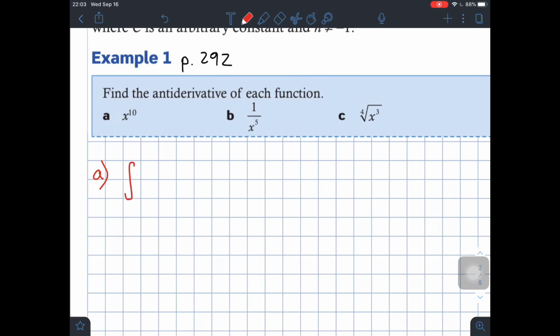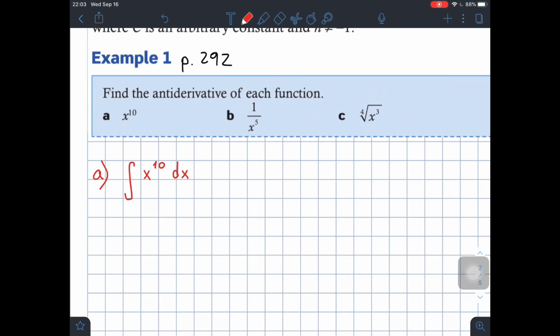This symbol means the integral, and then we write this function, and we always write at the end the differential of the variable we are integrating. In this case, we're integrating with respect to x, so we write dx, okay?